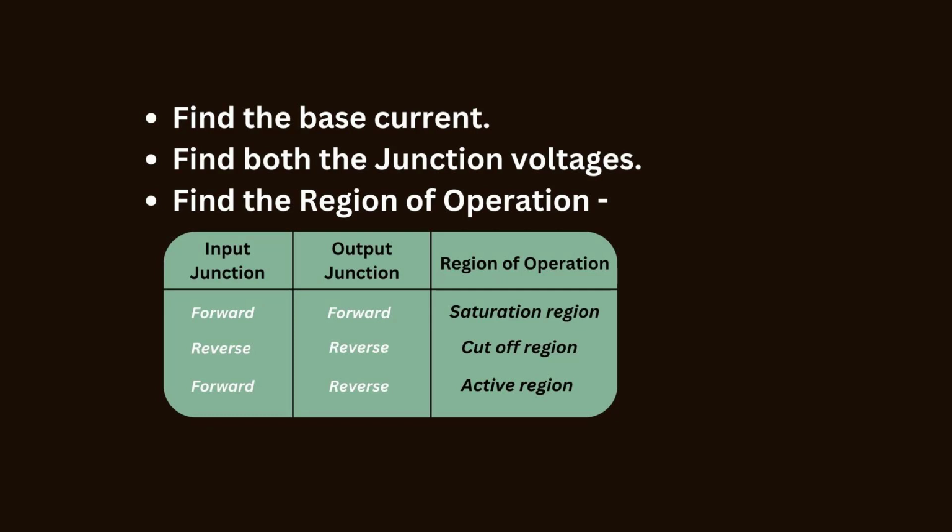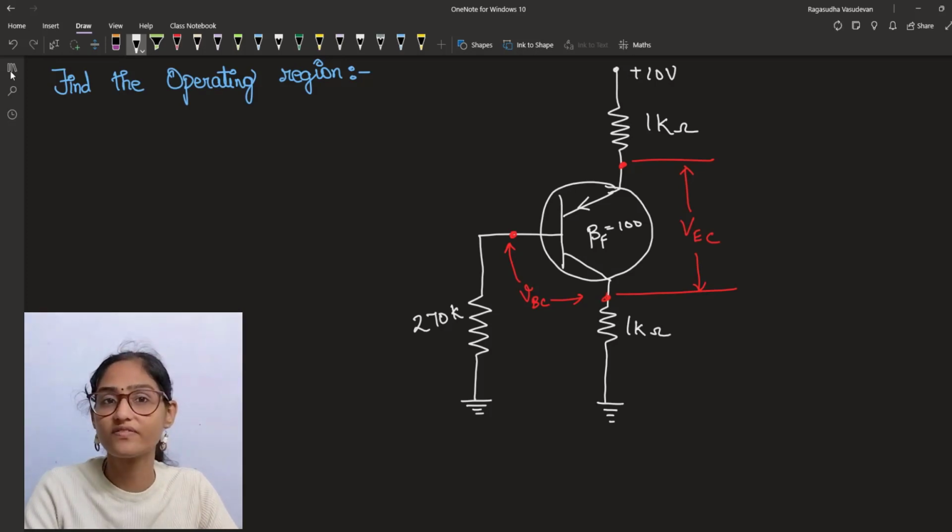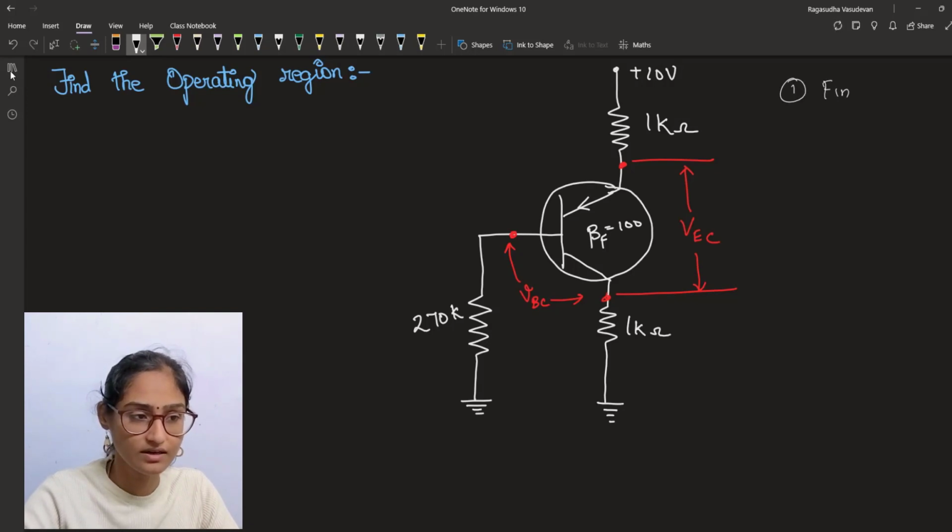So whenever you are given a transistor circuit, the first thing we need to do is find the base current, IB. Whichever mode the transistor is in, common base, common collector or common emitter, the first thing is to find IB.